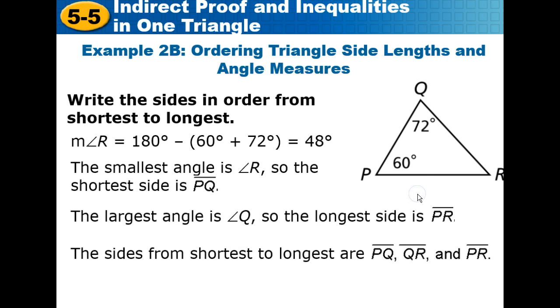So we're going to write them out. PQ is the shortest, it's across from the 48. QR's the second one because it's across from 60, and PR's the longest one because it's across from 72. So we're writing the sides in order from shortest to longest. This right here is your answer.